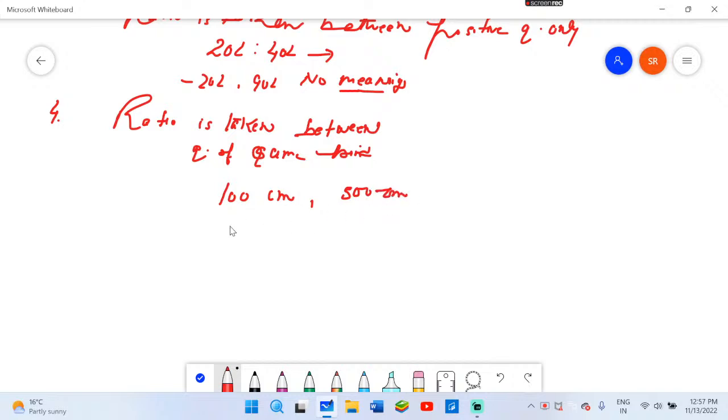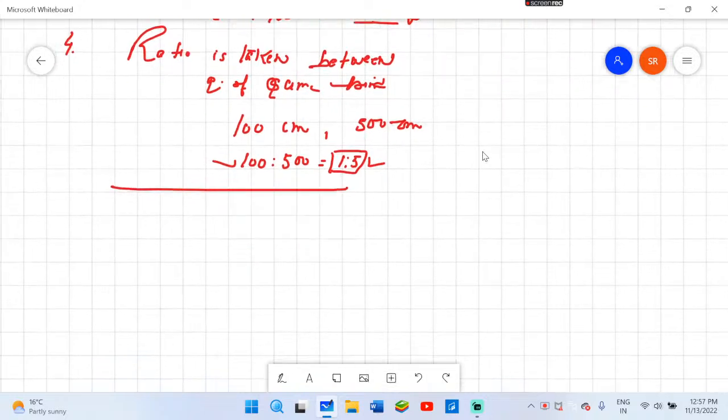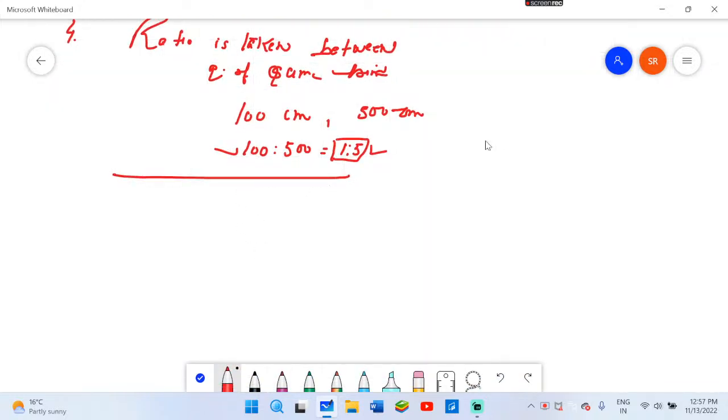We can find the ratio. 100 is to 500 is 1 is to 5. So quantities must be of same kind. So we will not be writing ratio between length and say area. So quantities are different. We cannot find the ratio.